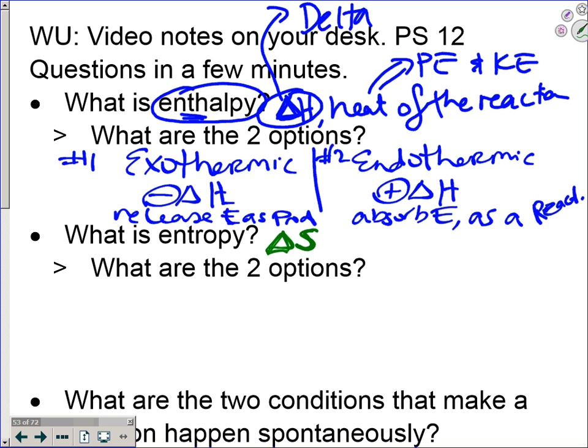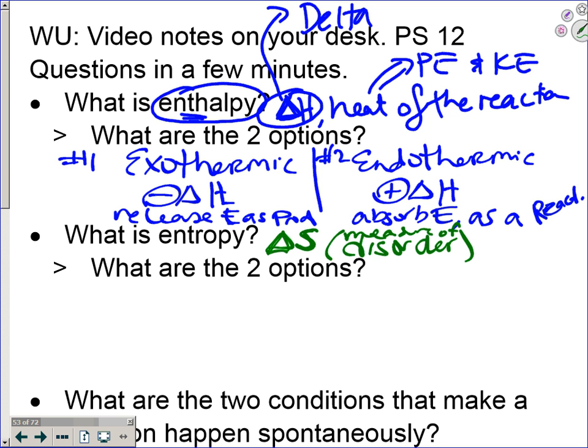The disorder. Good. So who has high disorder in their room at home? I got a basket of laundry, some shoes. It's everywhere, guys. Okay. Who has really low entropy in their room at home right now? Who's pretty neat and tidy? Okay. All right. So entropy is a measure of disorder.